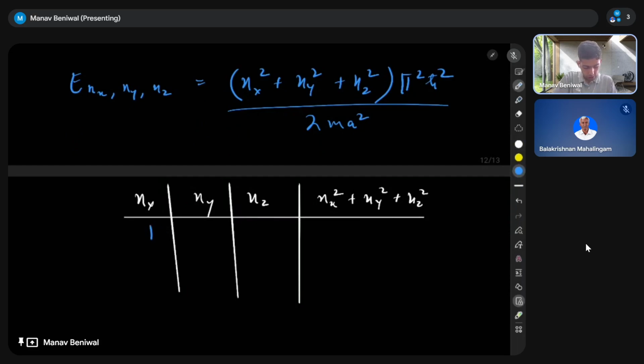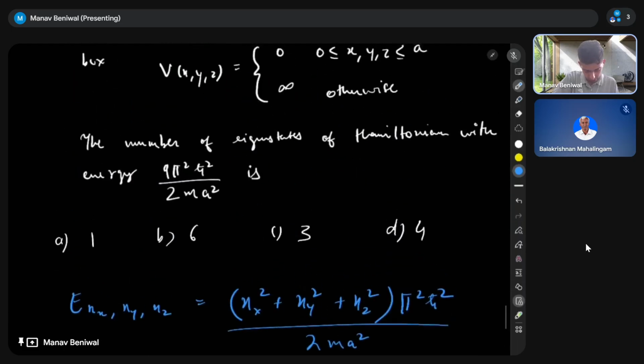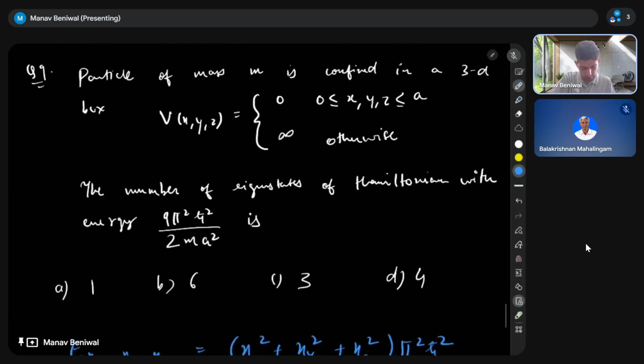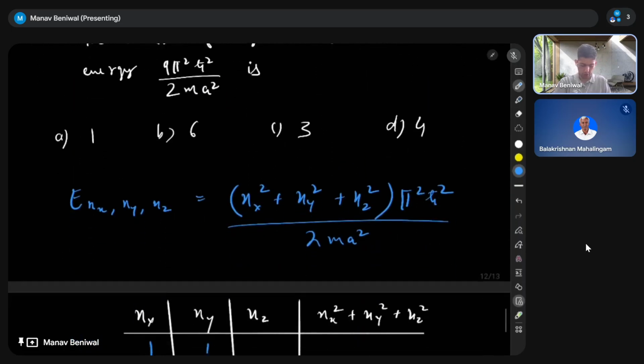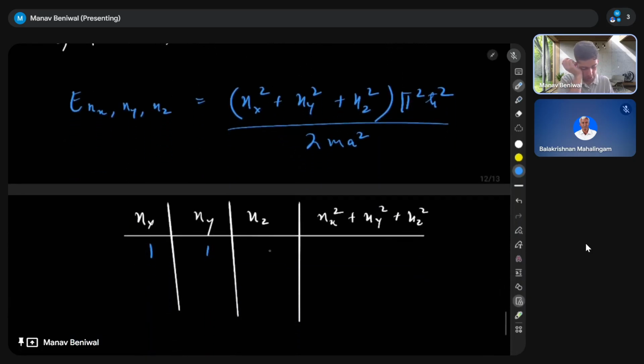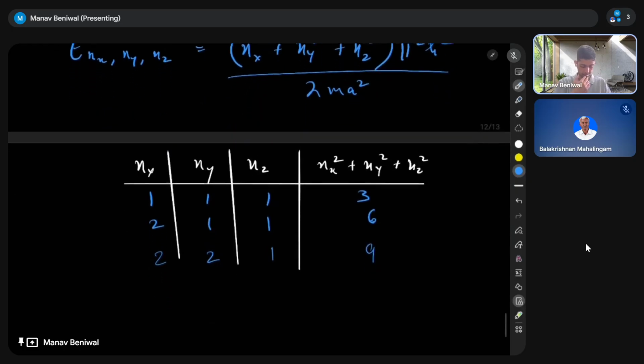Okay, when all of them are 1, this is 3. For this kind of configuration this will give us 4, 5, 6, right? And for this type of configuration we are getting 9.